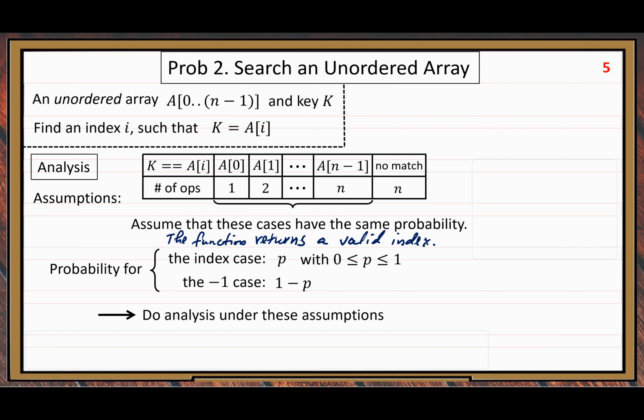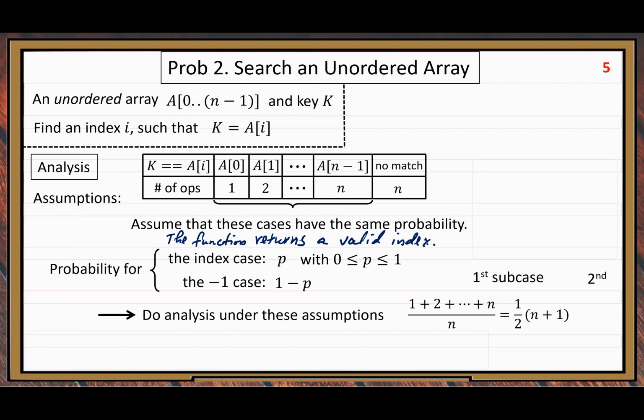Think about that. Each case has a corresponding probability number. All right. First subcase: the match case. We have two subcases, the match case and the no match case.